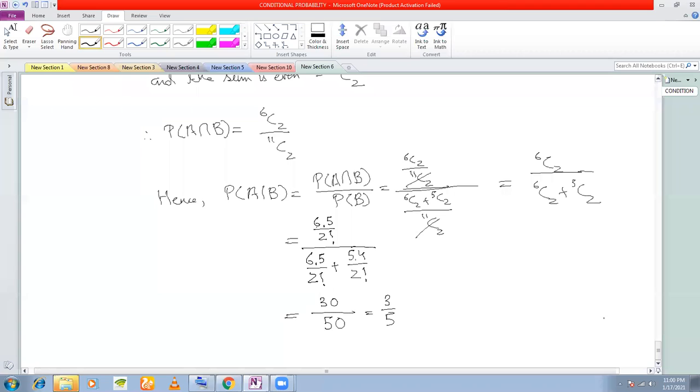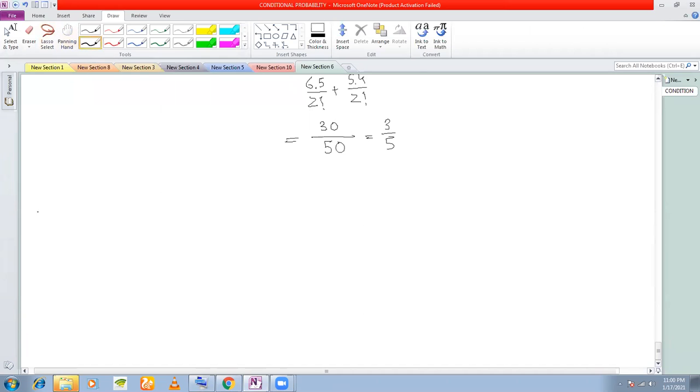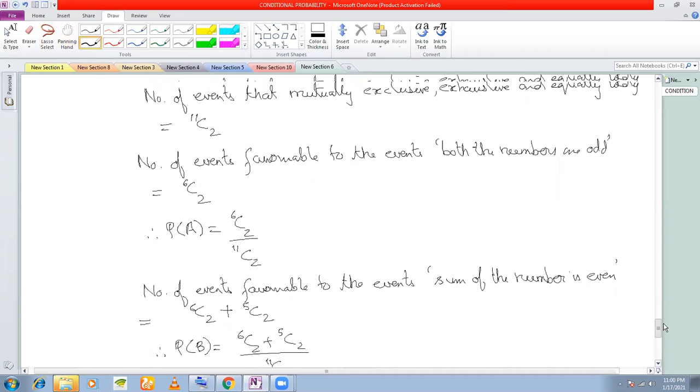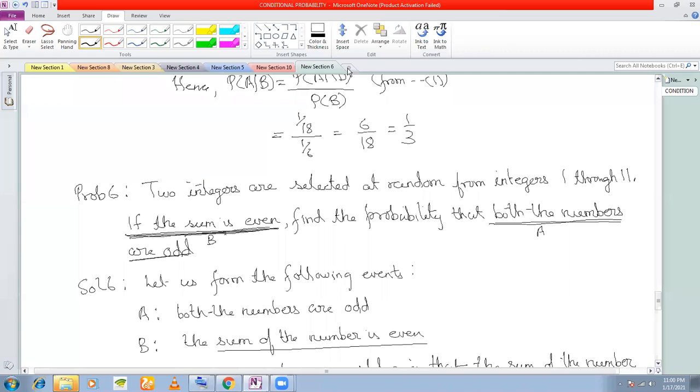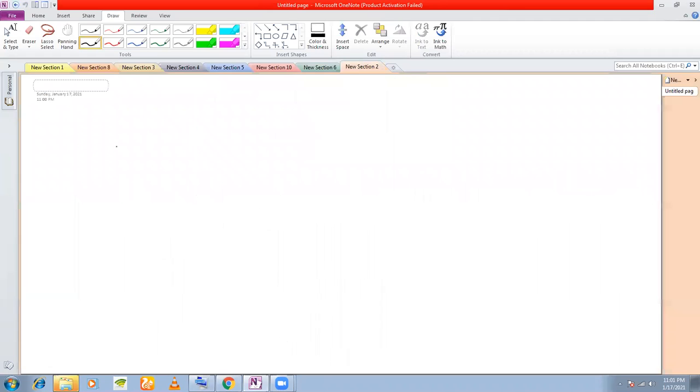Okay, and we'll do just one more problem and we'll stop for today. We'll do a simple one. This is problem number 7. The problem is: a bag contains 3 red and 4 black balls.